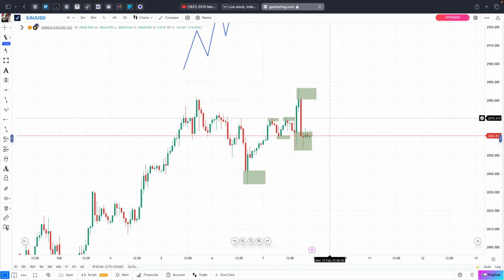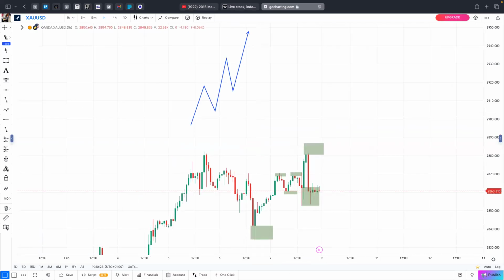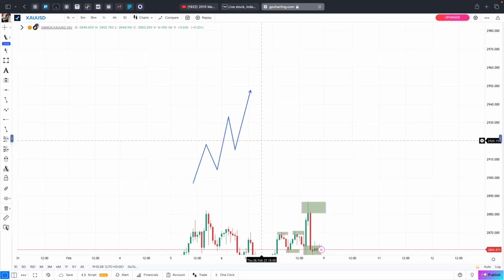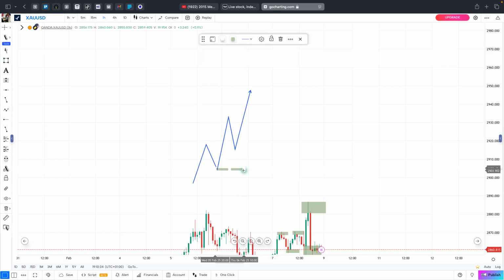Now, we said that the basic rule of using support and resistance is buy from support, sell at resistance. But then we also established that you don't just buy from support and sell at resistance. You have to factor in the trend. So if I have an uptrend, this whole uptrend example that I drew here, you see that we'll have both supports.